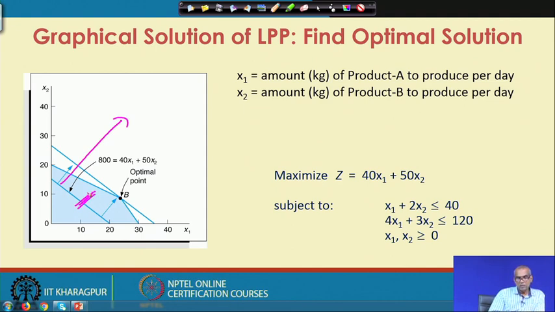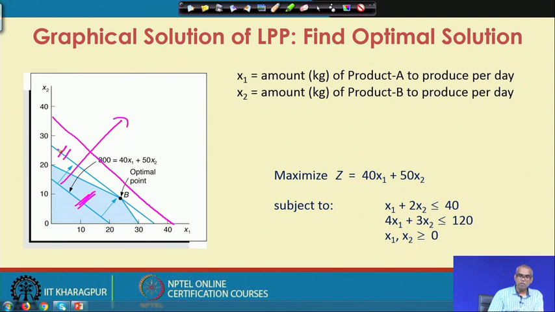When I come to point B, I get the maximum value of the objective function which exists within the feasible region. There will be an even higher value of the objective function if I consider another parallel line, parallel to this, but that is outside the feasible region.